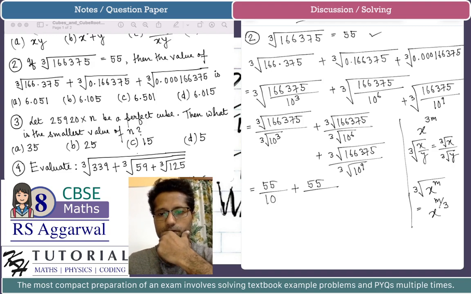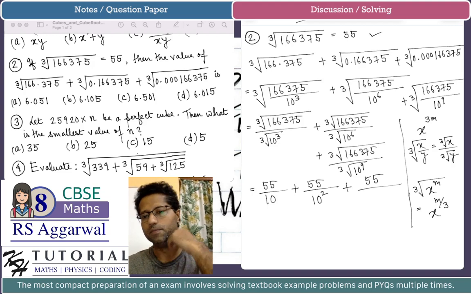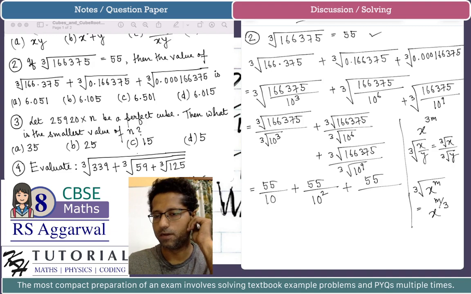So the denominator of the second term will be 10 to the power 6 by 3, that is 2. And for the third term, the numerator will be 55 and the denominator will be the cube root of 10 to the power 9. So it will become 10 to the power 9 by 3, which is 3. So 10 cube.